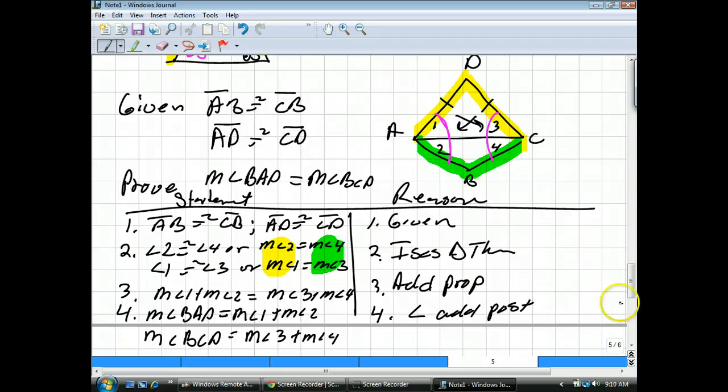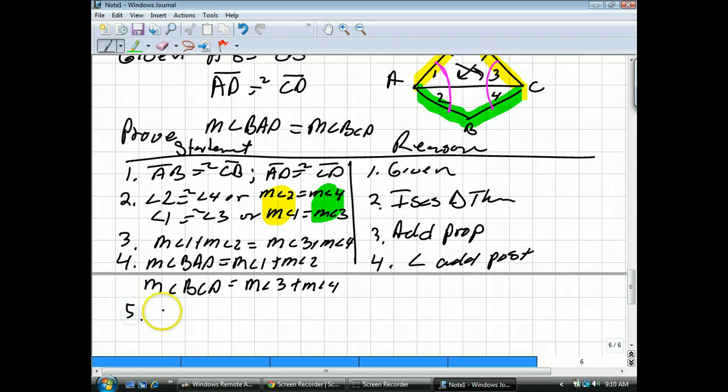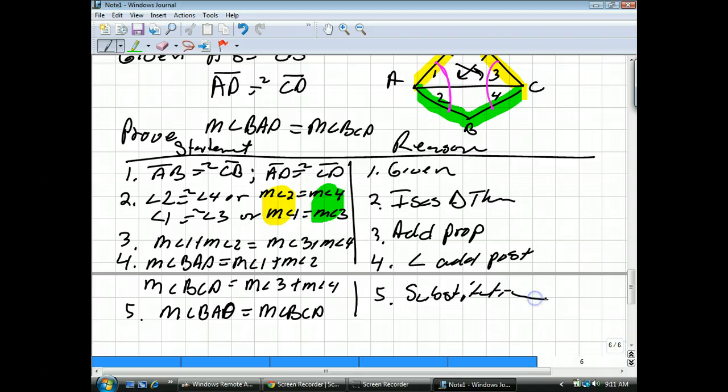Okay. Then by substitution using line 3 and line 4, I can say measure of angle BAD equals measure of angle BCD. And that was by substitution. Okay. And we're done.